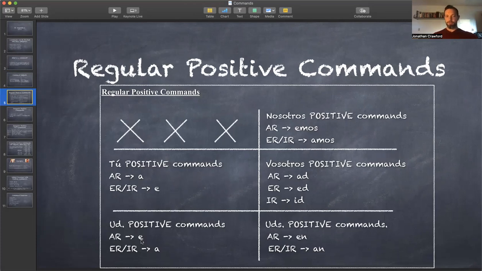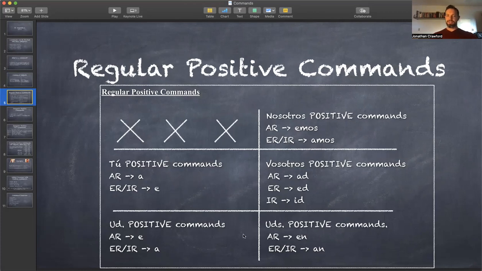If it's an AR verb, it goes to an E. If it's an ER or an IR verb, it goes to an A. Same thing with nosotros. AR goes to emos, ERIR goes to amos. And also with ustedes, AR goes to en, and ERIR goes to an.